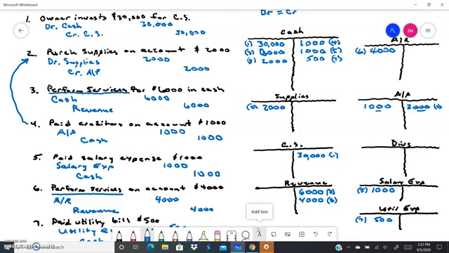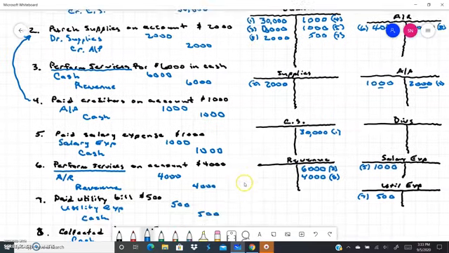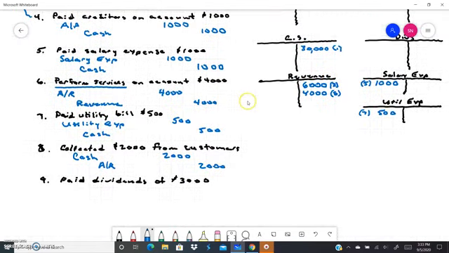Our accounts receivable balance was $4,000, but now it's decreased by the $2,000 that we've collected, and that, of course, is the credit of $2,000 to accounts receivable. So now we can see that the balance is a net debit of $2,000 that is still owed to us. Okay, so let's finish up here.